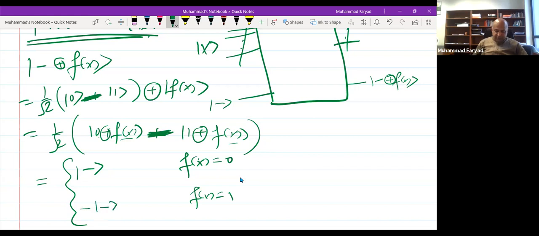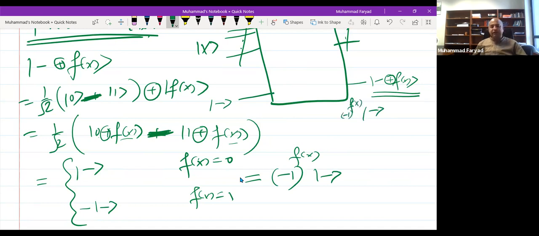So this becomes minus into minus. So I can write it like minus 1 power f of x into minus state. So it means that this output is nothing but minus state multiplied by minus 1 power f of x.